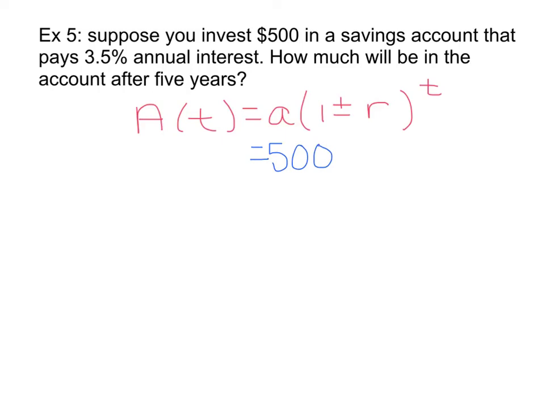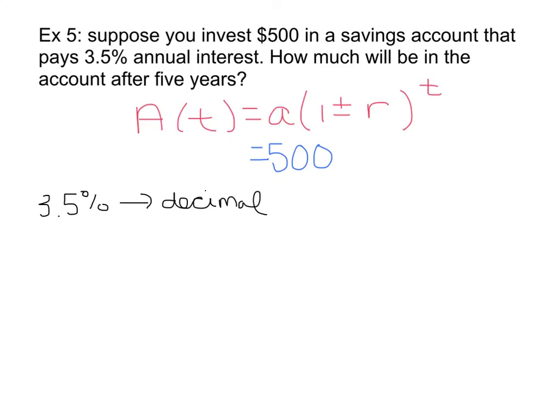Then it says in a savings account that pays 3.5%. So this is my rate right here, 3.5%. But I have to change my 3.5% to a decimal.